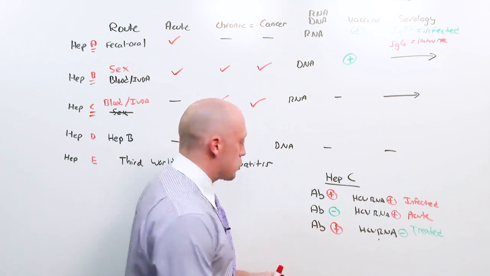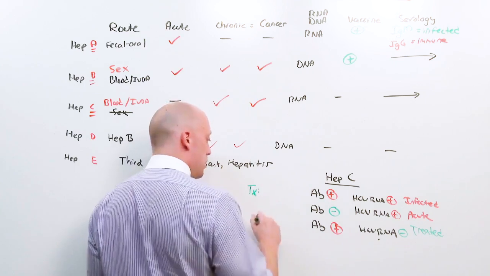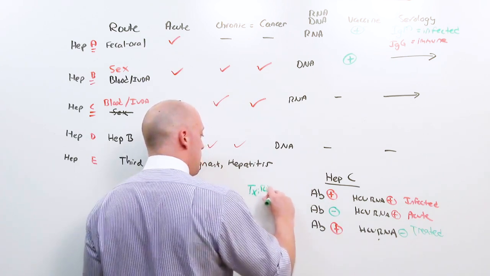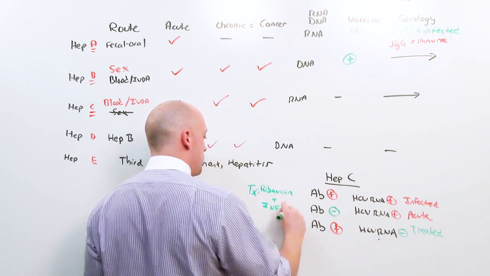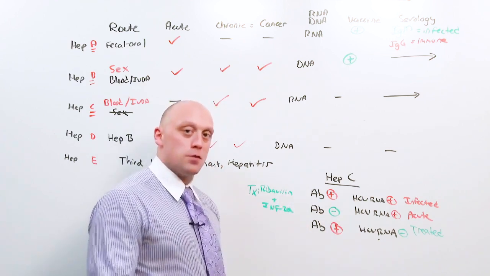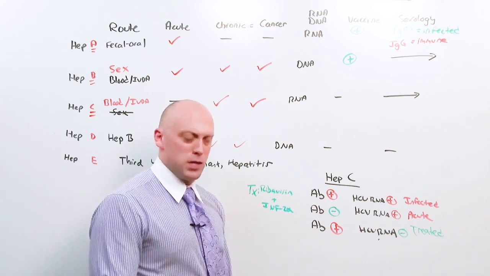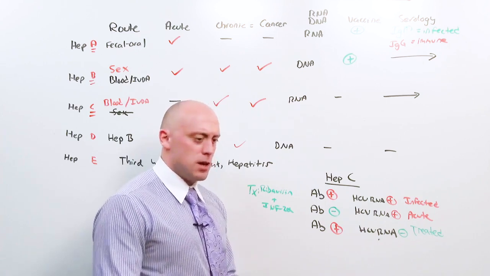And up till recently, treatment was with ribavirin and interferon. Ribavirin and interferon make you feel like crap. You have the flu for a year while you're getting treated, and you had to track viral loads and check logs and see if there's a log decrease at certain times.